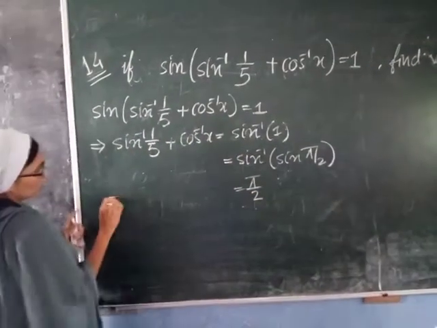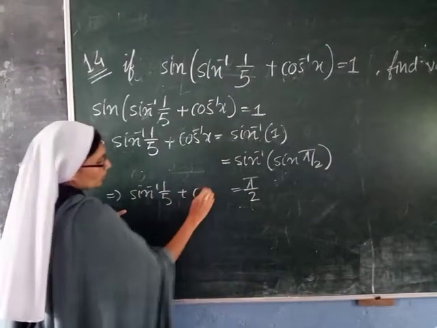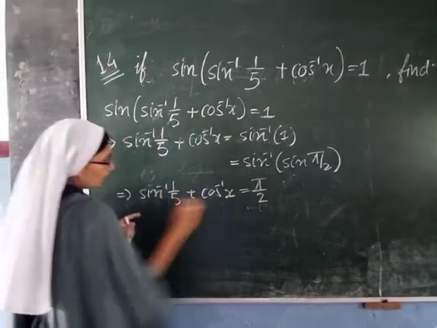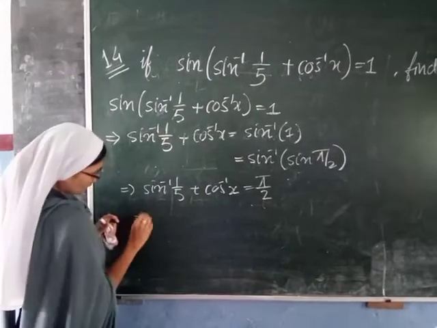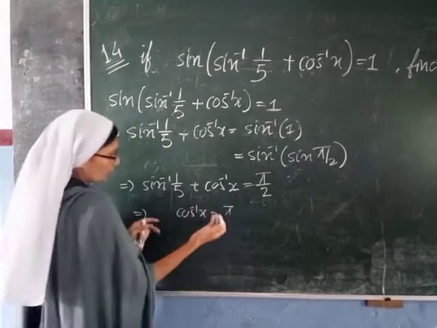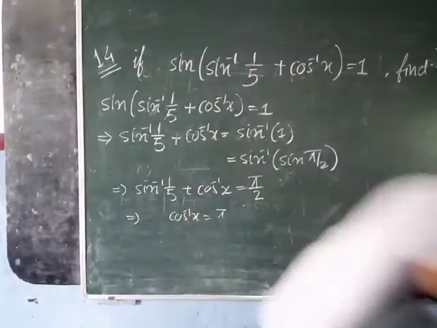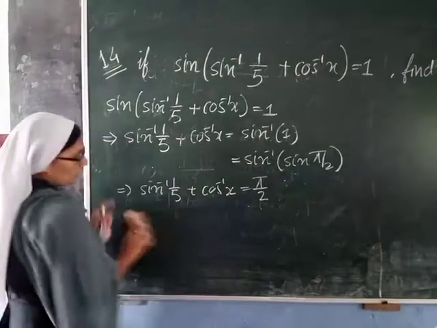Now on this side we have sine inverse 1 by 5 plus cos inverse x. Maybe transfer this side, so here remains cos inverse x, or you can directly compare. Instead of transferring, you can just compare.